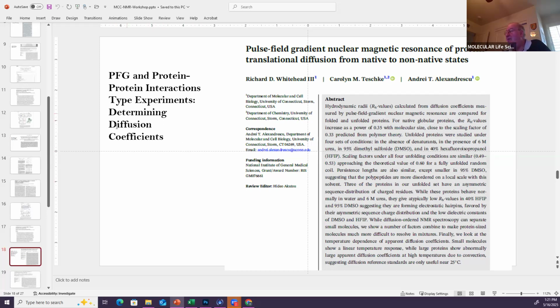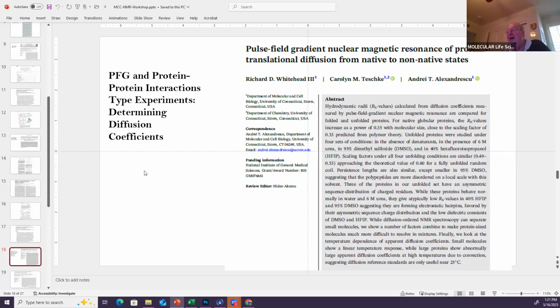And I know a lot of people at MCC are interested in looking at protein-protein interactions in some of these metabolon type complexes. And if you've got pulse field gradient capability, it's a really cool way of getting the diffusion coefficient.